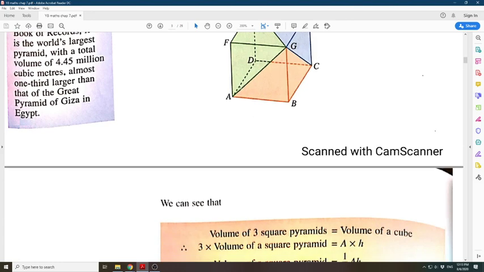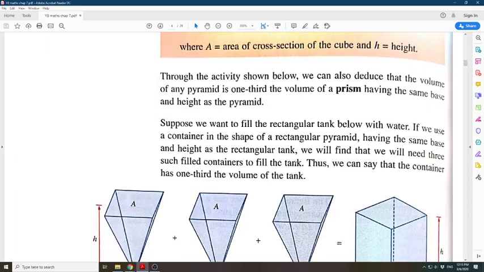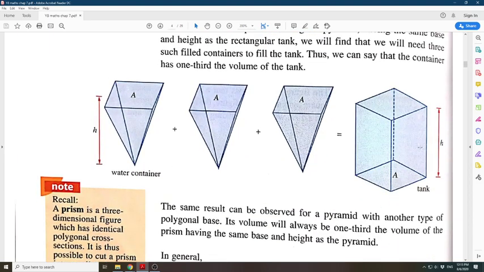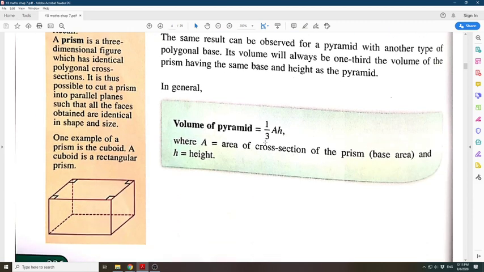For a cube, all six sides can be the cross section. But if it's a cuboid, you can pick one of these. Let's say the area is down here, the height will be the other one. So just remember this is the formula: 1 over 3 base area times height.